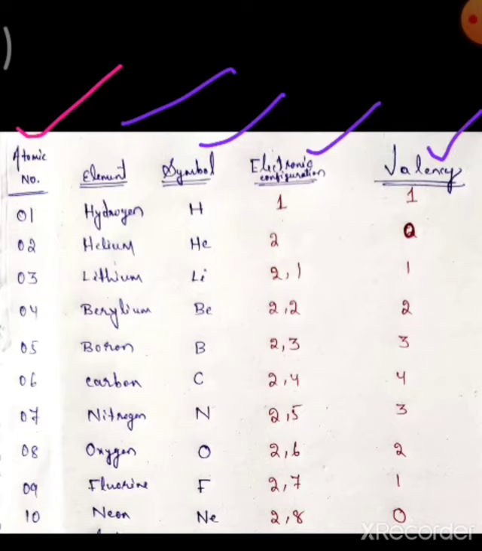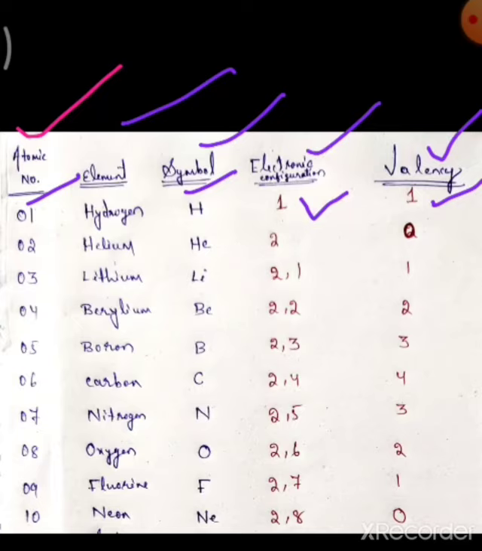To calculate the valency you have to remember the atomic number and you should know how to write the electronic configuration. The first element is hydrogen, the symbol is H, atomic number 1, electronic configuration 1 and the valency also 1.